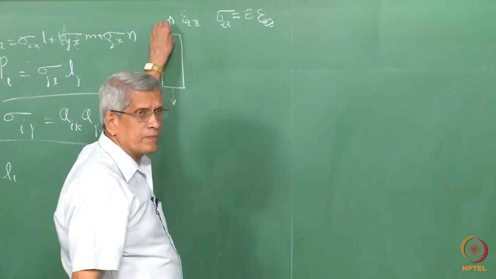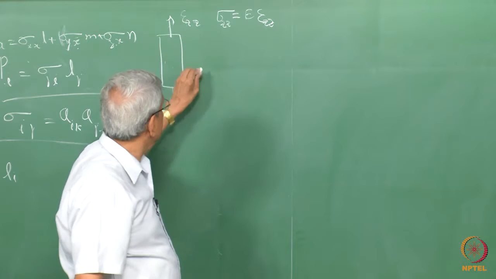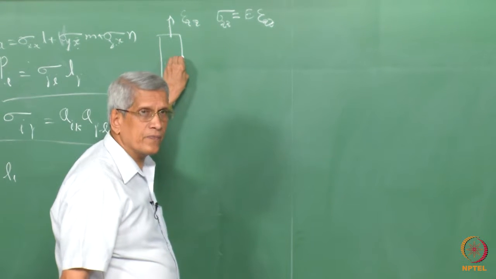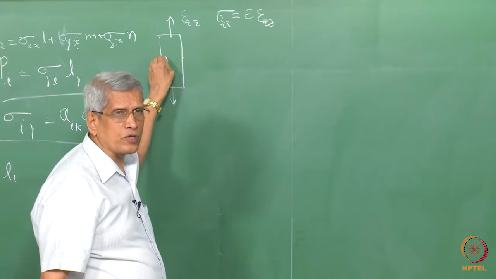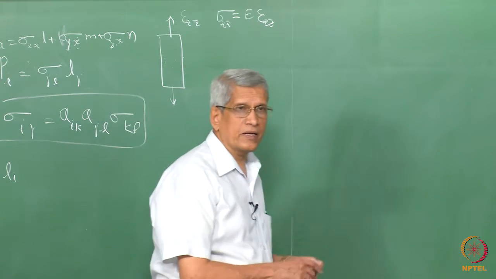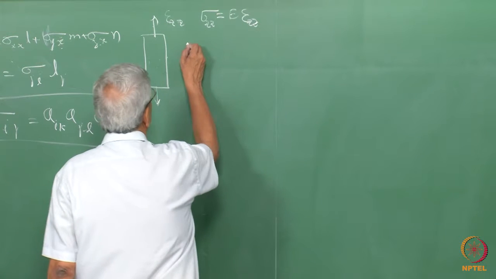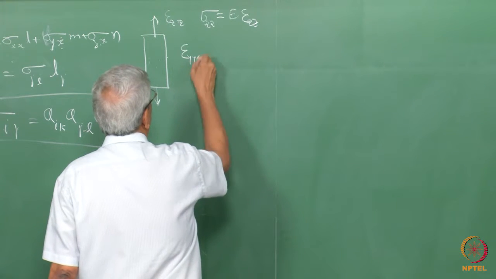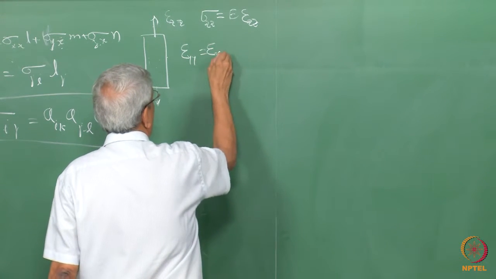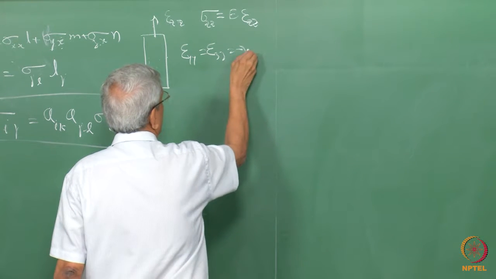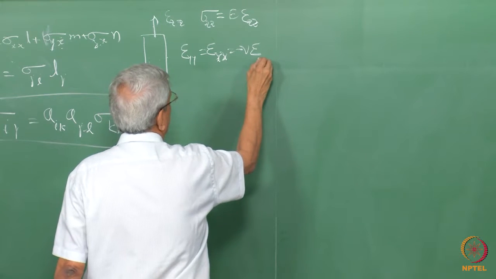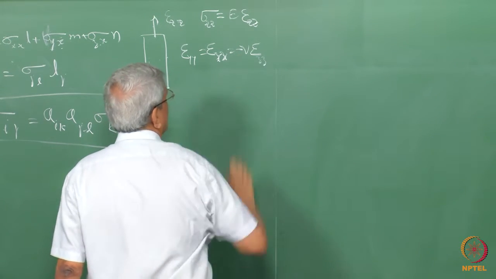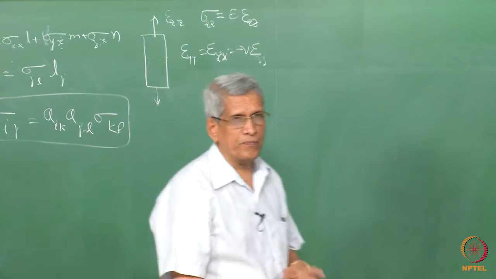But this strain generates a corresponding compression in the other two directions, correct? That is given by epsilon xx equals minus nu epsilon zz, where nu is the Poisson's ratio, correct?